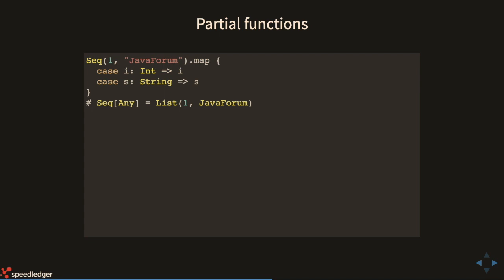And then in the mapping function, we do a pattern match. So if you use the curly brackets and then case, then you're going to get an automatic pattern match so that you don't have to use the match statement. It makes the code easier to read. And it's going to return a list of the int and the string. We don't do anything with the values.